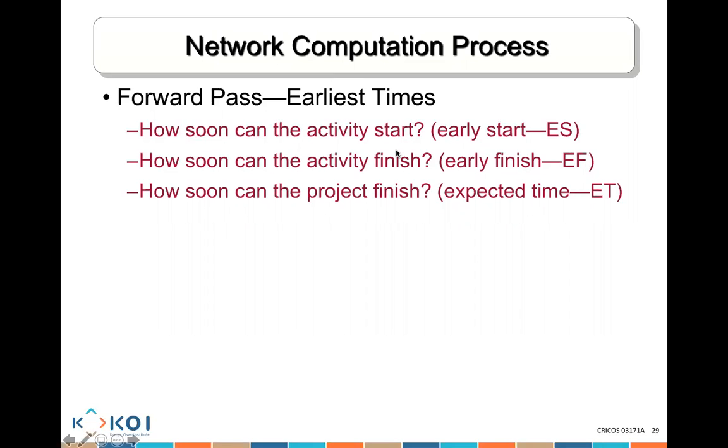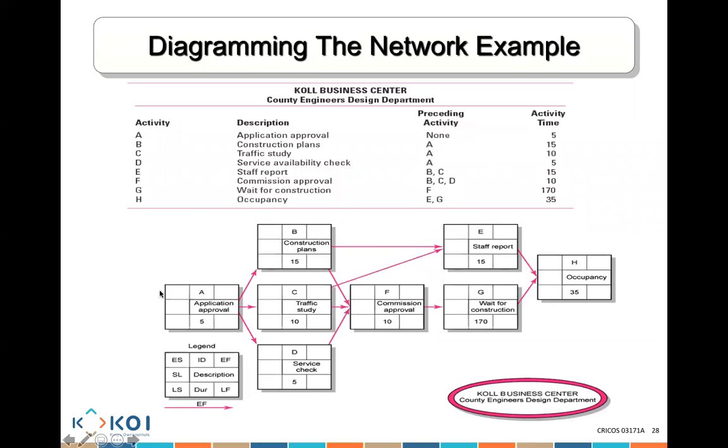How early is it possible for the activity to be finished? Estimated time is when I actually expect the item to be completed. So you see here, this is what I call early start. That's what I call early finish. And the last point of the project, this is what we call the estimated time of completing the project.